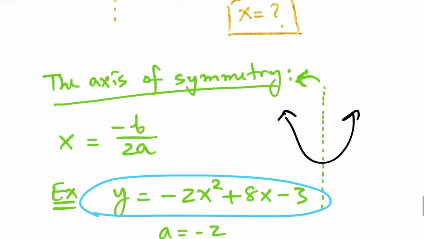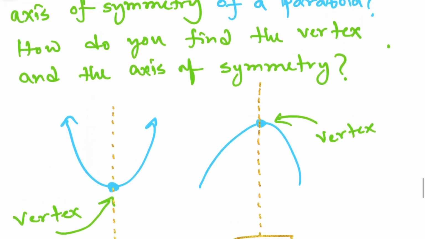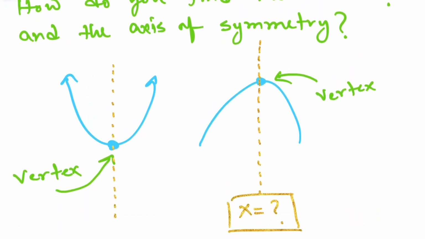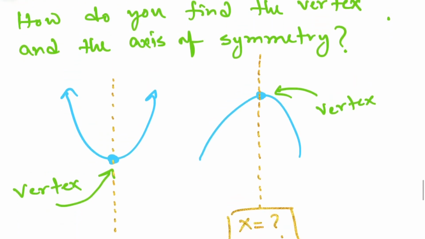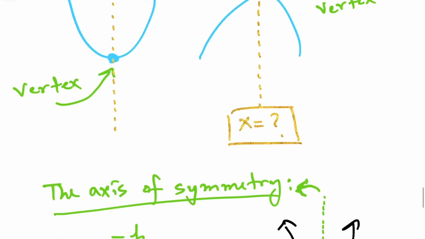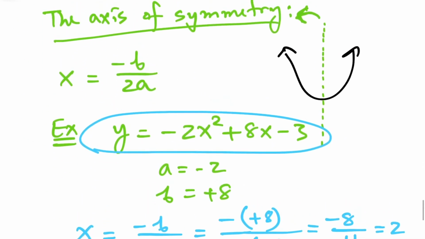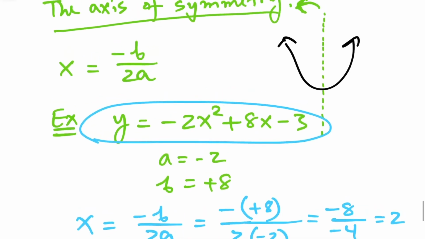All right, so let me summarize everything that I said. I hope I didn't confuse anyone. What is the vertex? The vertex is the maximum or minimum point of a parabola. What is the axis of symmetry? It's the vertical line that divides the parabola into two equal halves. How do you find the axis of symmetry? x equal to negative b over 2a.